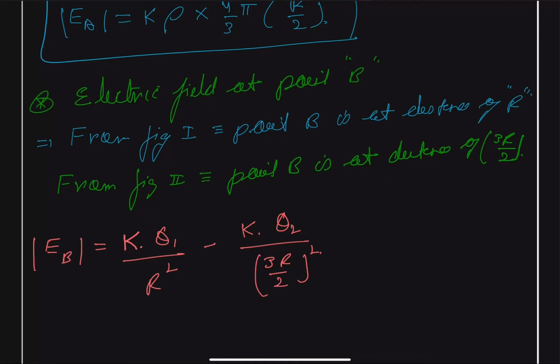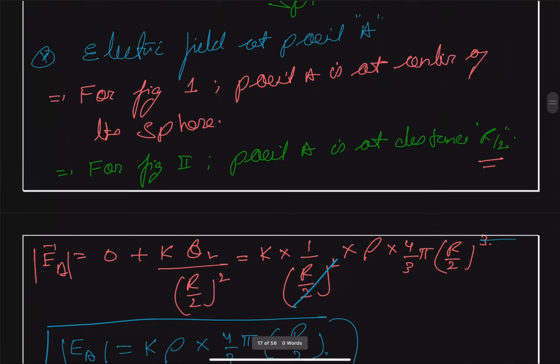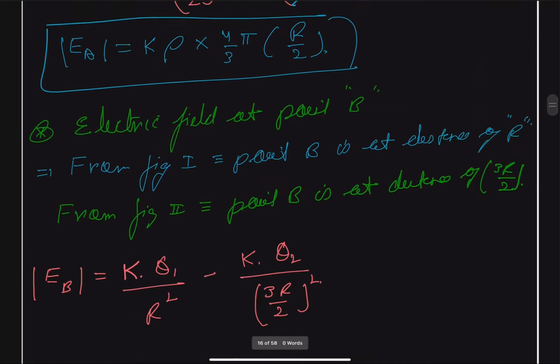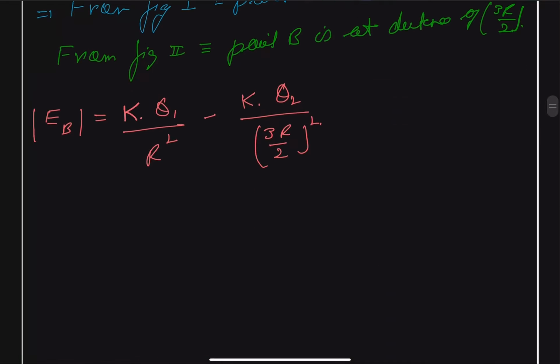Q2 we already found out. We substitute the values of Q1 and Q2 and take K as common.